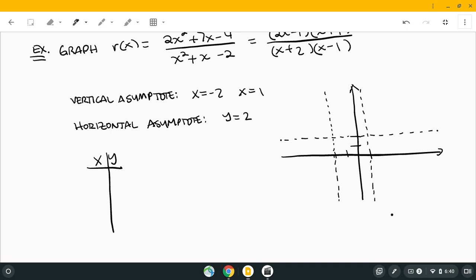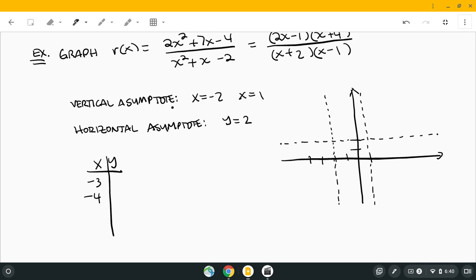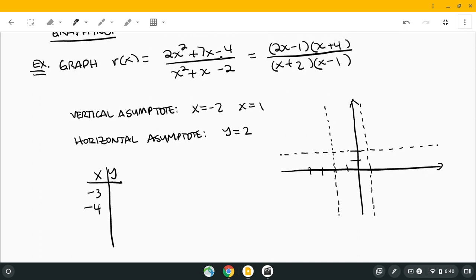All right, so if I want to know what's going on over here, I would choose some x values that are over here in this area. So maybe -3 and -4. Okay. All right, so take your -3, plug it into here, or you can plug it into here.